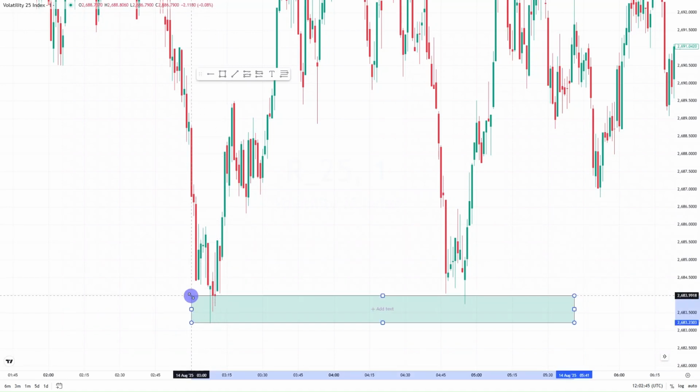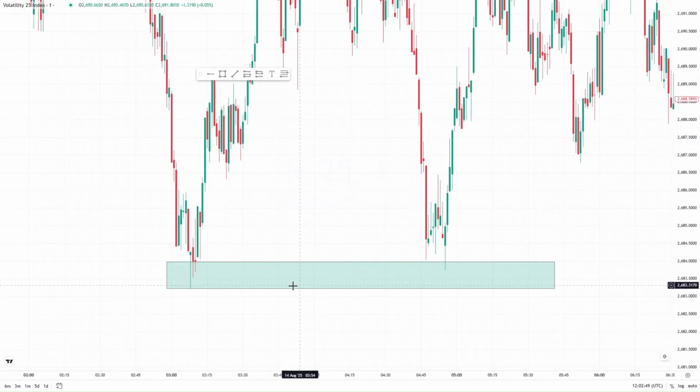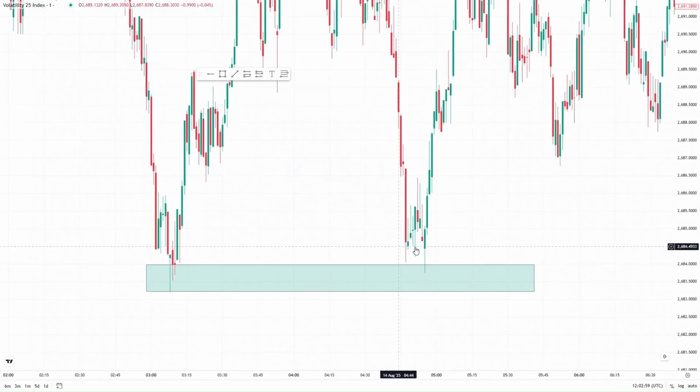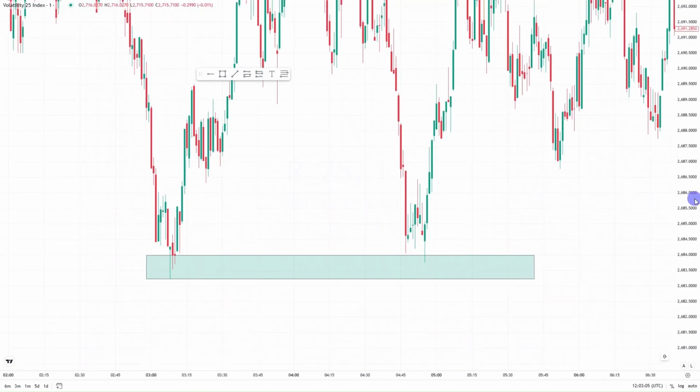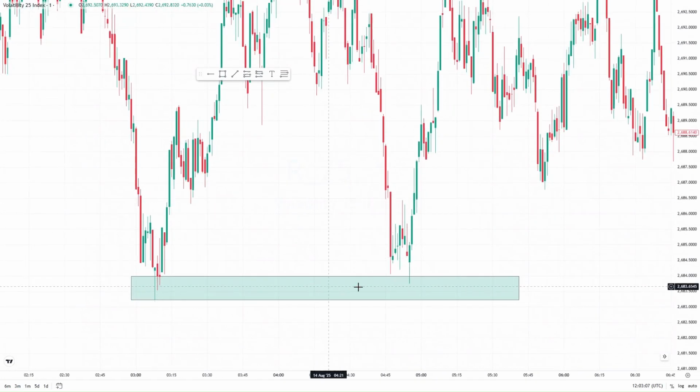This is where you would put your line or your rectangular block. You would start drawing your zone till that wick. I don't really pay attention to which wick, but the wick that you see the longest, this way you put your other line. And then this would be your zone.